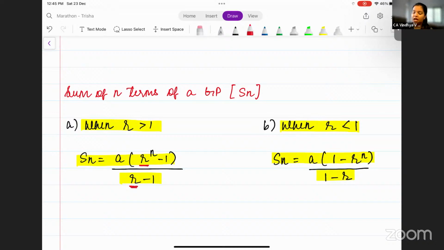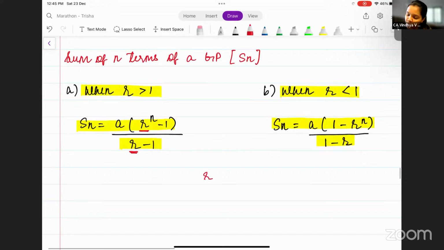Now, you should ask me a question. r greater than 1 is there, r less than 1 is there. What about r is equal to 1? When does it come into picture? When you have a sequence which is 5, 5, 5, 5, and so on. Isn't this r equal to 1? Yes, it is. But r equal to 1 is not applicable.